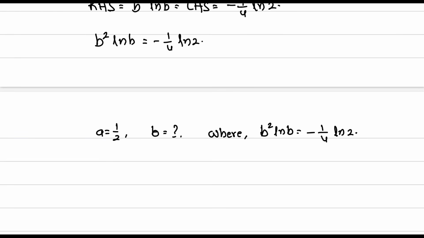Can we say b is equal to 2 to the power of minus half? Let us try. B is equal to 2 to the power of minus half. Then what happens to b square? B square is equal to 2 to the power of minus half whole square. That is equal to 2 to the power of minus 1.